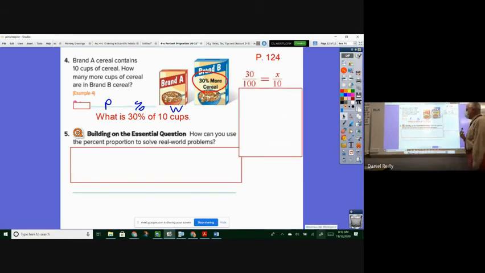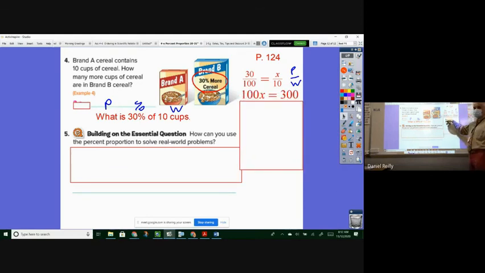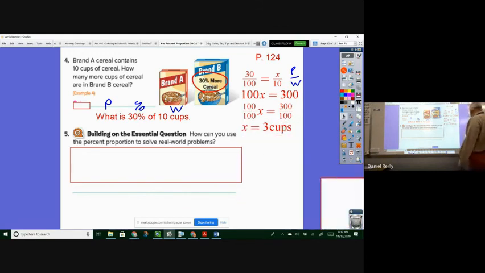So 30 over 100, percent over 100 equals part over whole. So cross multiply. 300 equals 100 times x. Divide by 100. X equals 3. Okay. Real world problem. Word in your answer.